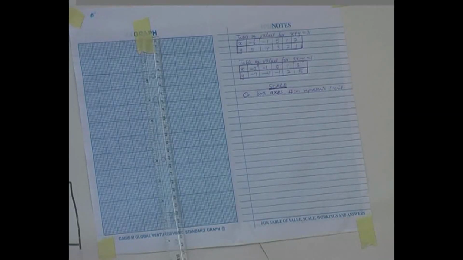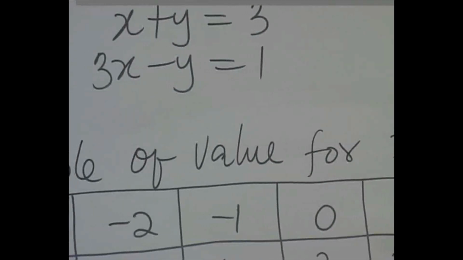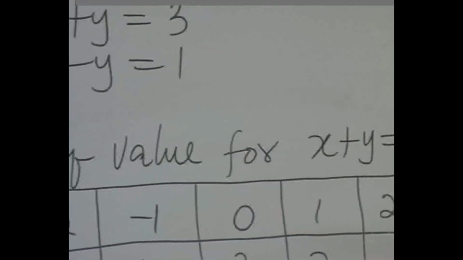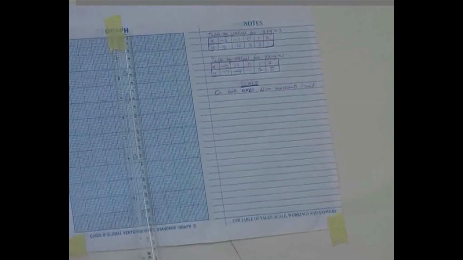Now on the other side, the exercise book side of the graph paper, is where I have the same table of values I have shown you that was at the left hand side. I copied this table of values and placed it at the exercise book side of my graph paper.